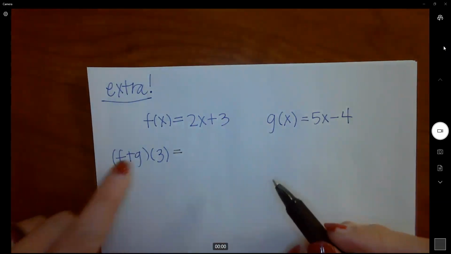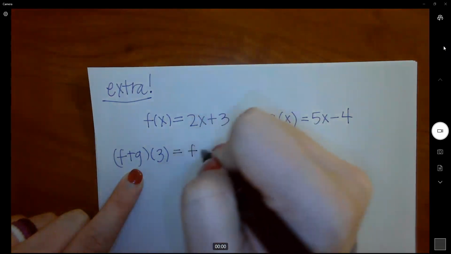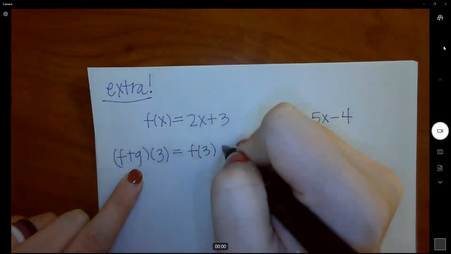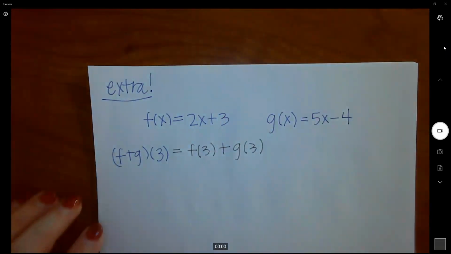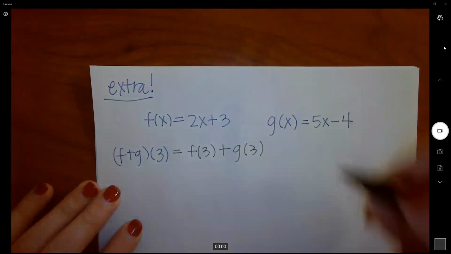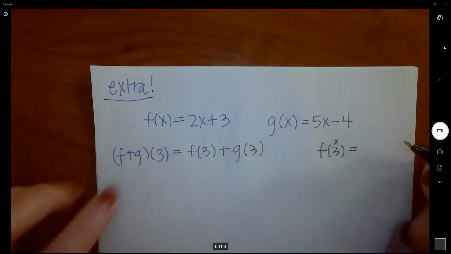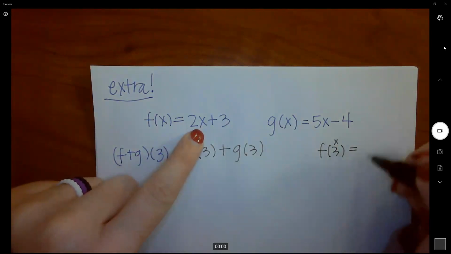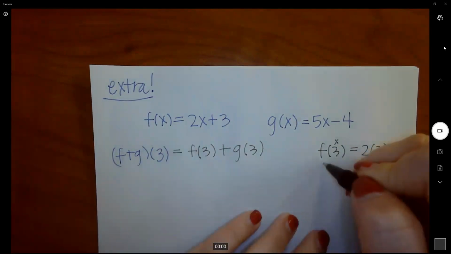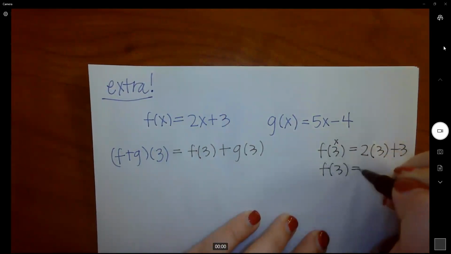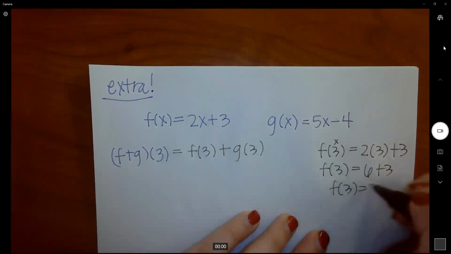The first way is I can go ahead and break this up and say this is f of 3 plus g of 3. So to find f of 3, remember this is what my x equals. So I'm going to plug in 3 to where I see an x here. So this is 2 times 3 plus 3. So my f of 3 equals 6 plus 3, which equals 9.